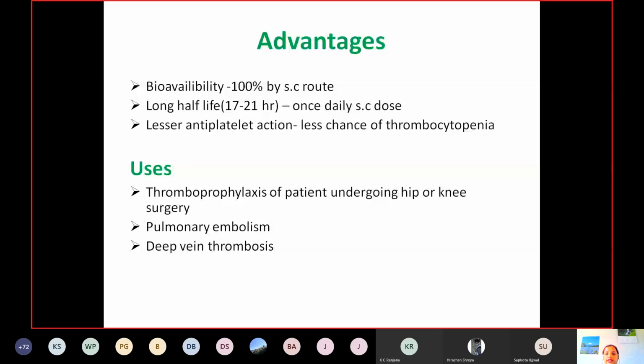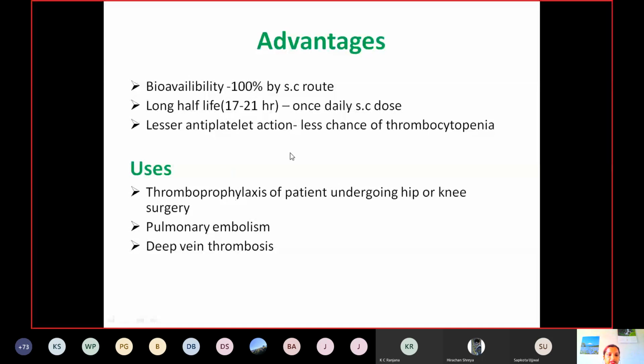What is thrombocytopenia? Decrease in the platelet count. This thrombocytopenia is the main, very common side effect of heparin. That is heparin induced thrombocytopenia. That type of side effect is less in case of this synthetic preparation.